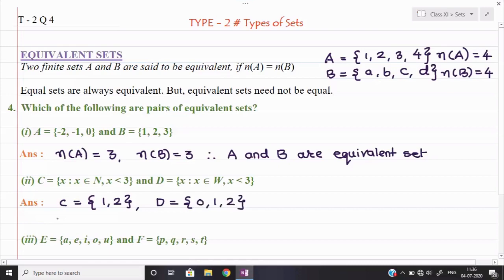So here I can say that the number of elements in set C is 2, while the number of elements in set D is 3. Therefore C, D are not equivalent because the number of elements is not matching over here. So they are not equivalent sets.